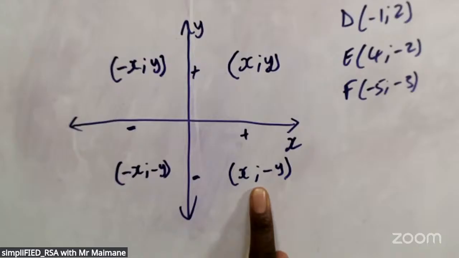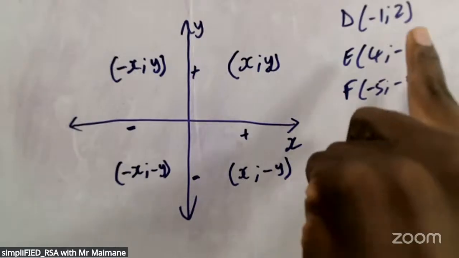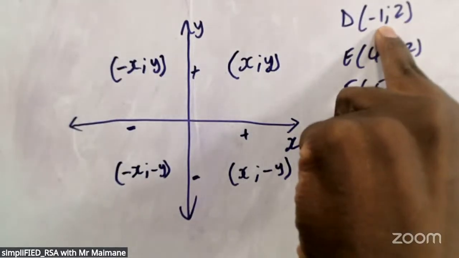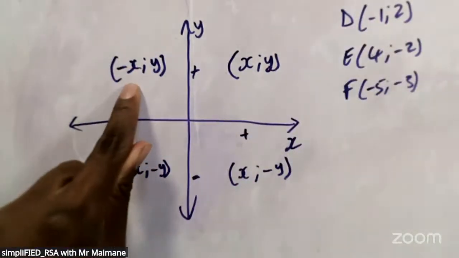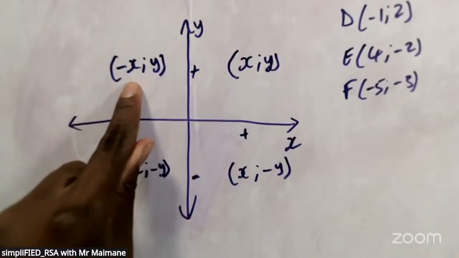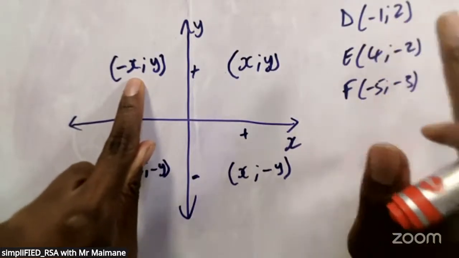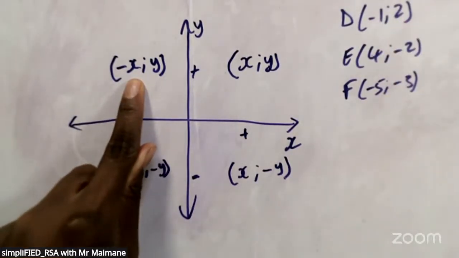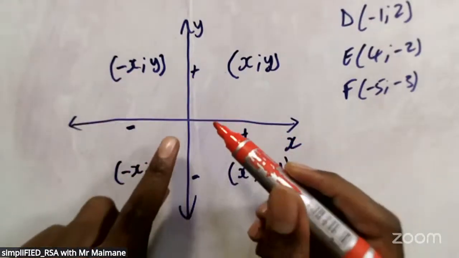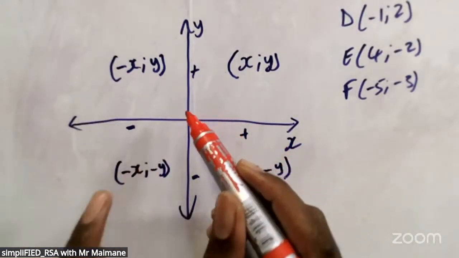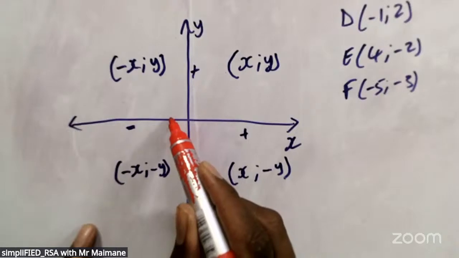And the point, always the first value represents x, the second value represents y, meaning it's actually D: negative x, positive y. So it's on the second quadrant.